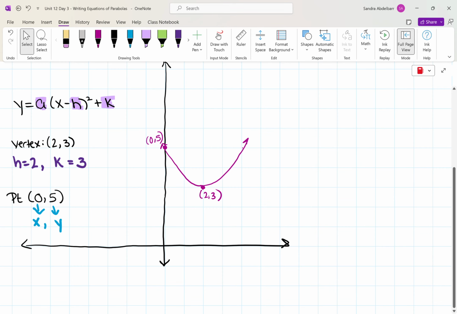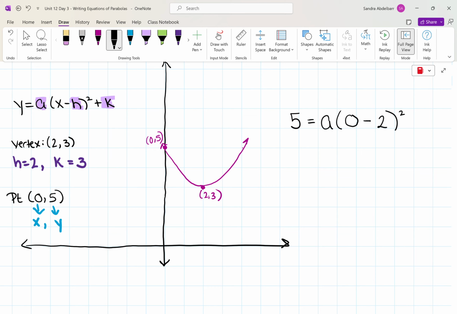I'm plugging in for H, K, X, and Y, and then we are solving for A. So Y equals A, oops, sorry. My Y is 5, so 5 equals A, open up our parentheses, our X is 0, minus our H is 2, and our K is 3.